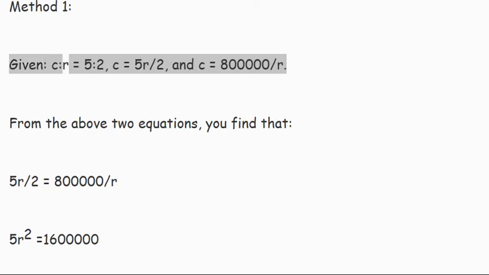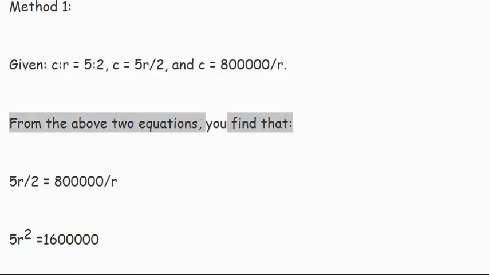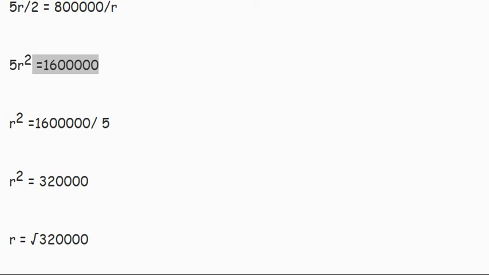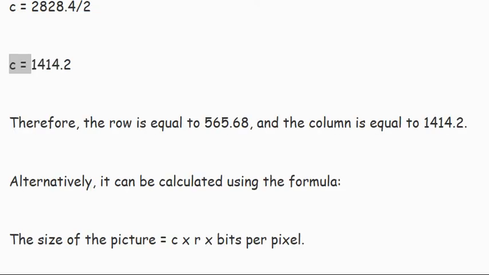Given C/R is equal to 5, C is equal to 5R, and C*R is equal to 800,000. From the above two equations, you find that 5R^2 is equal to 800,000, so R^2 is equal to 160,000.